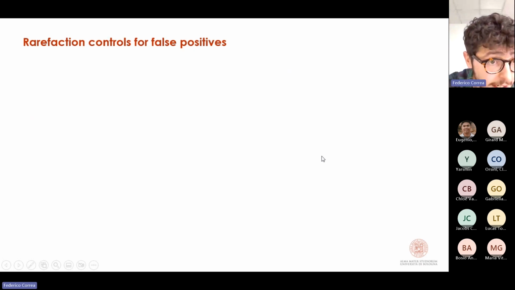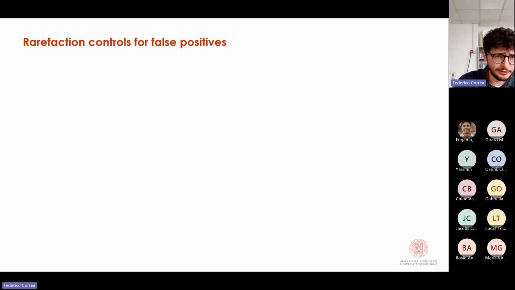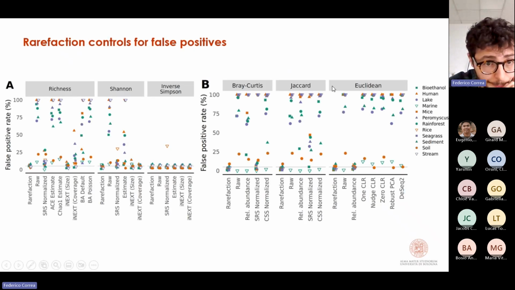So I will just show you some results of this paper because I think that these are interesting. For example, here you have all the normalization methods, the most commonly used, and their false positive rate.